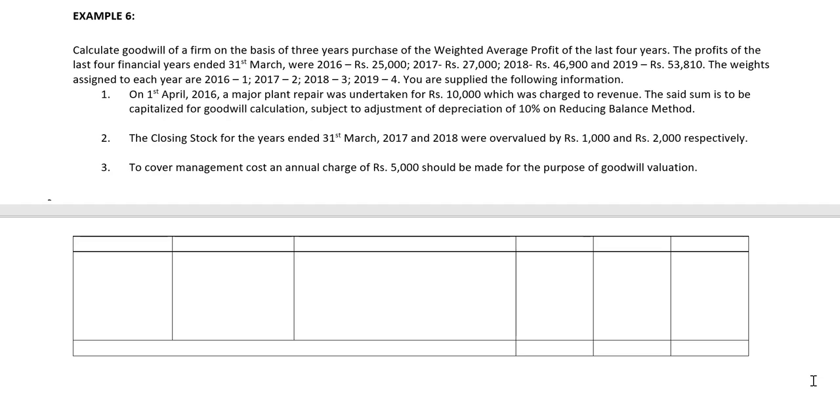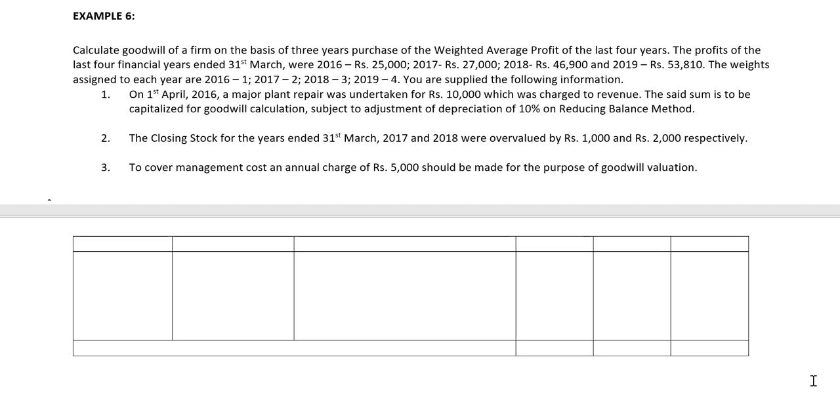For 2017, it's rupees 27,000. For 2018, it's rupees 46,900. And for 2019, it's rupees 53,810. The weights assigned to each year: 2016 it's 1, 2017 2, 2018 3, and 2019 4.